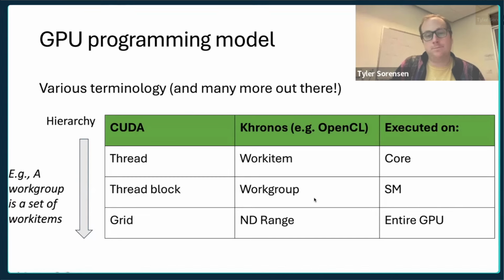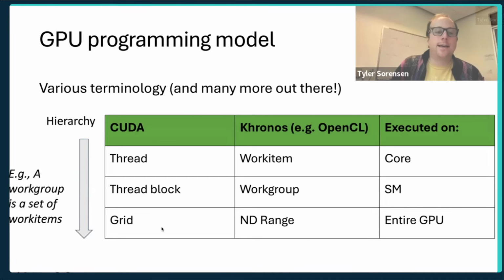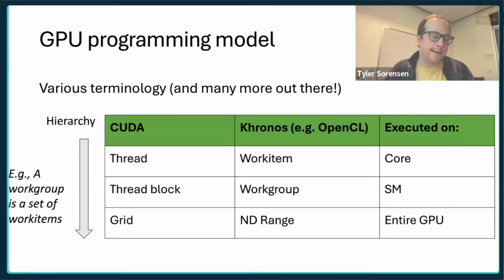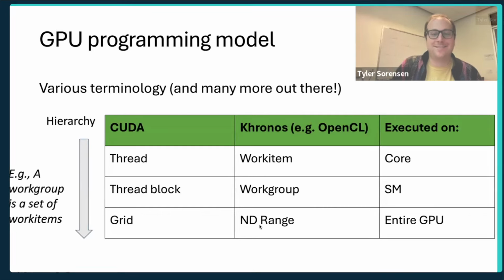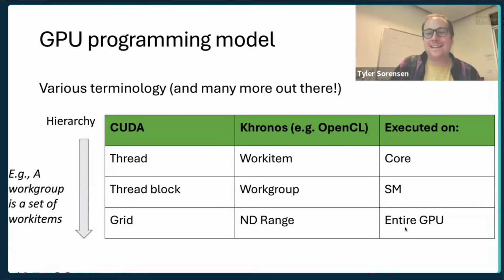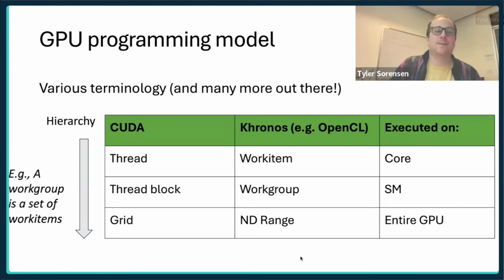In Khronos terminology, that's called a work group. All of your threads that execute an entire GPU program, called the kernel, are called a grid in CUDA or an ND range in Khronos. I really don't like that terminology, but that's executed across all of the SMs on the GPU.